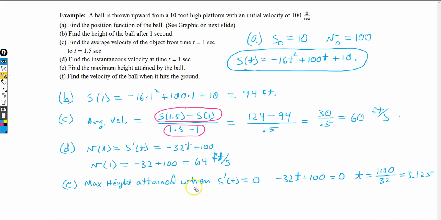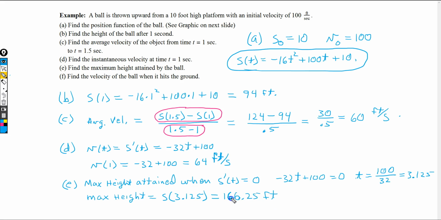So then to find its maximum height, we just have to evaluate s of 3.125. So the maximum height will be s of 3.125, and that is equal to 166.25 feet.